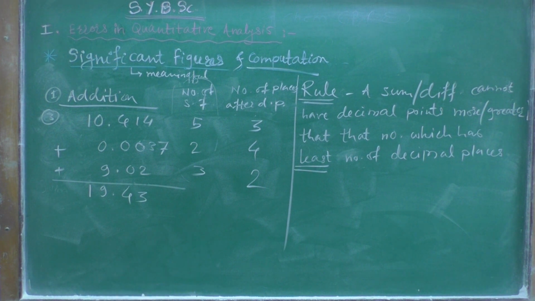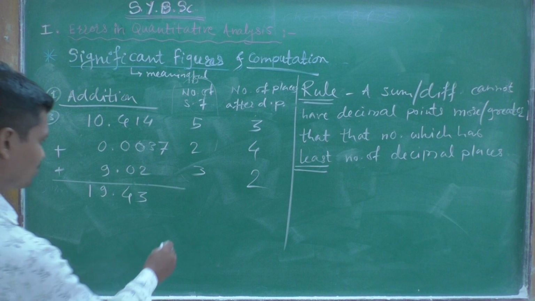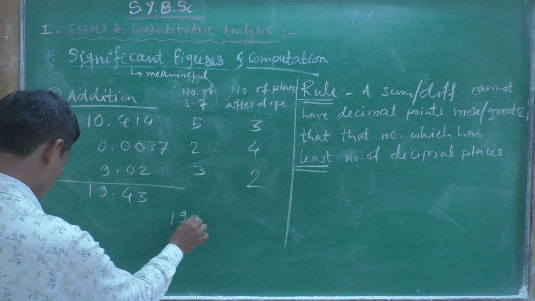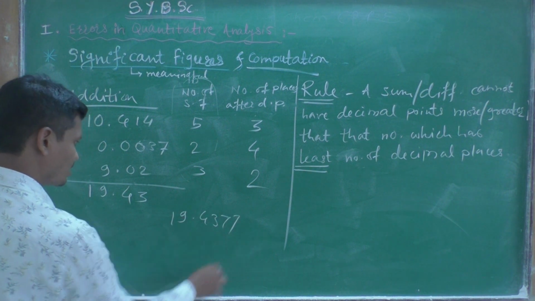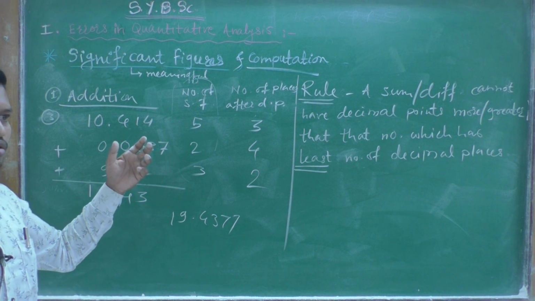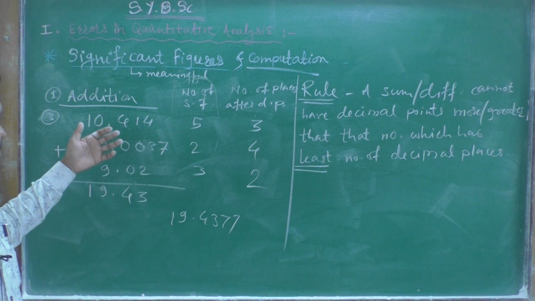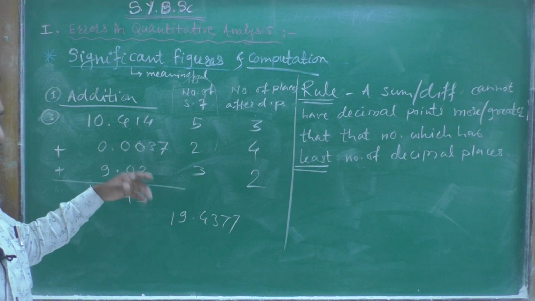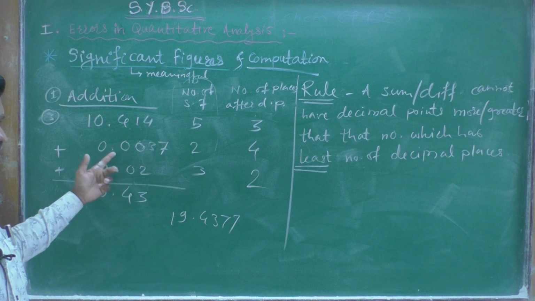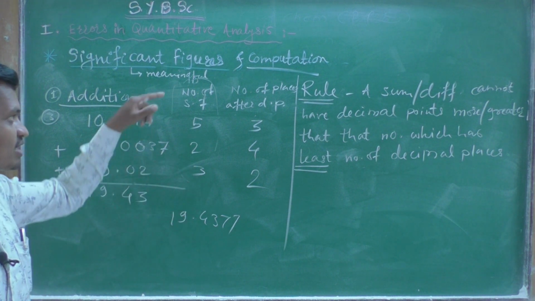Hence the answer is 19.43. If you do the calculation on your calculator, the answer will be 19.434377. Why? Because the calculator is also adding 0.0037, which is incorrect as per this rule.